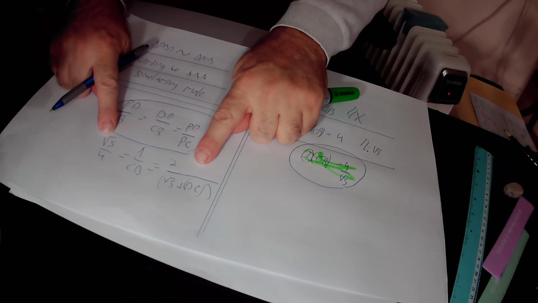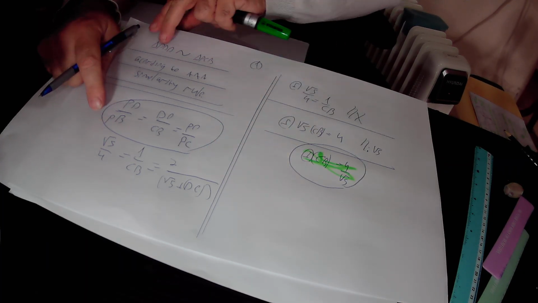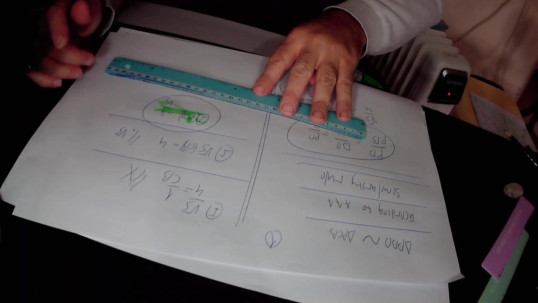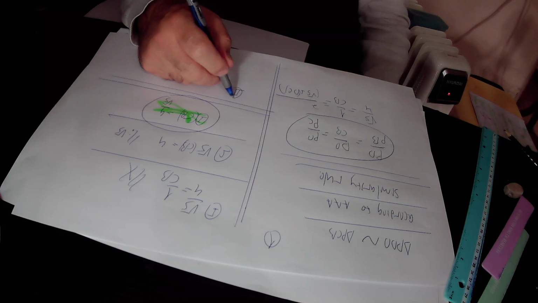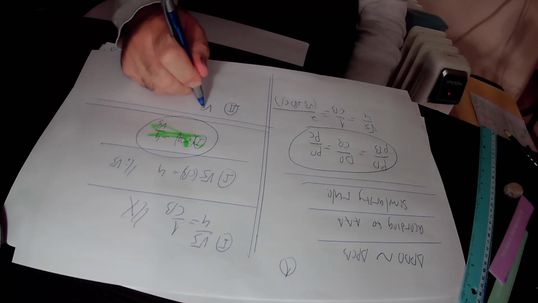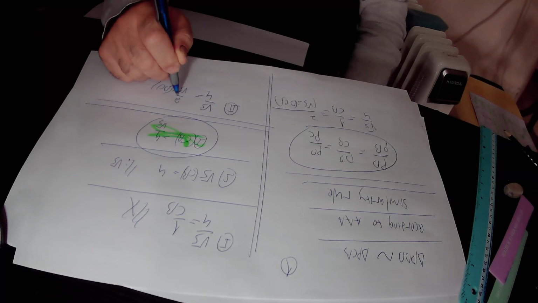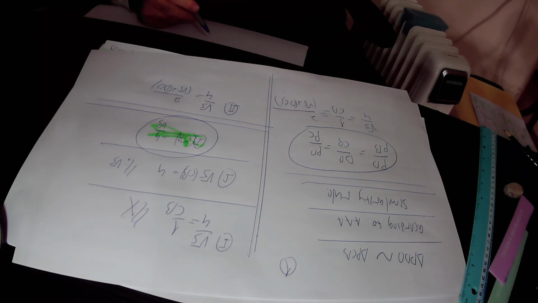Those two sides of the equation are also equal to each other. So we get equation 2 from those two equal sides. According to equation 2, the square root of 5 over 4 equals 2 over the square root of 5 plus DC.